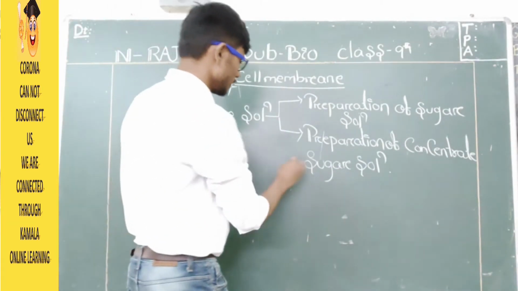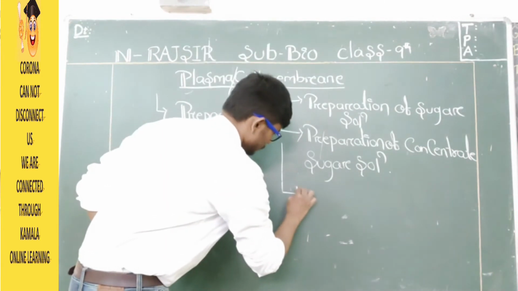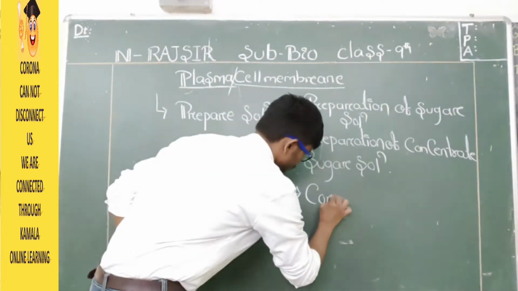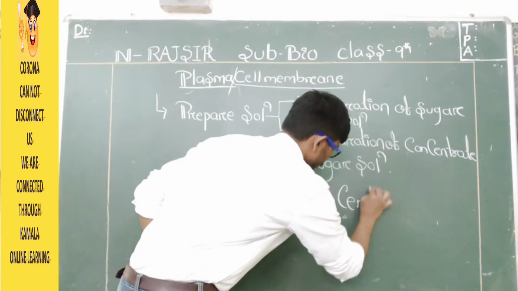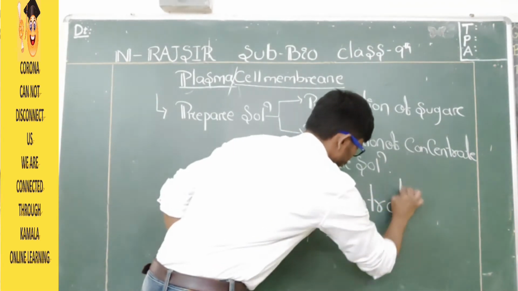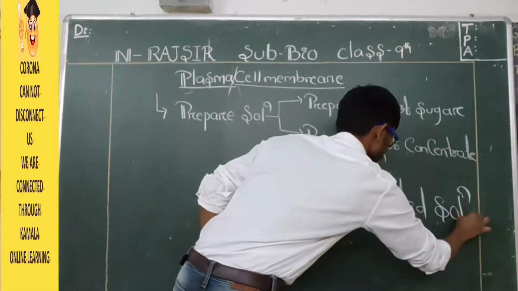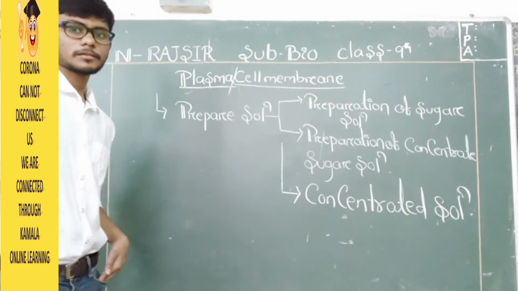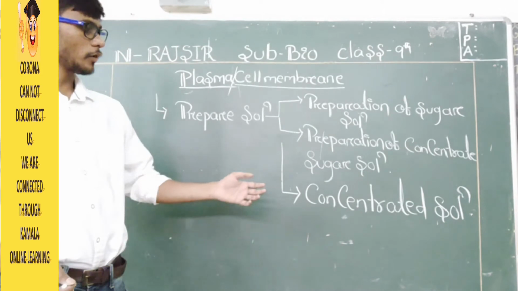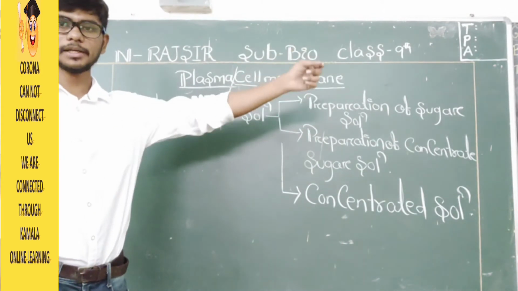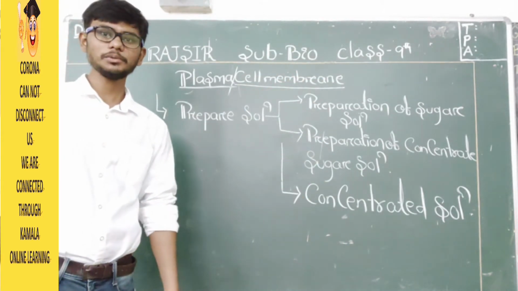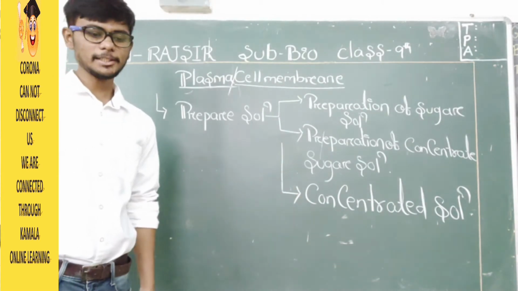Another topic here I need to cover. I wrote SOL to the power n, that is your short form for solution. Now you will see what a concentrated solution is.